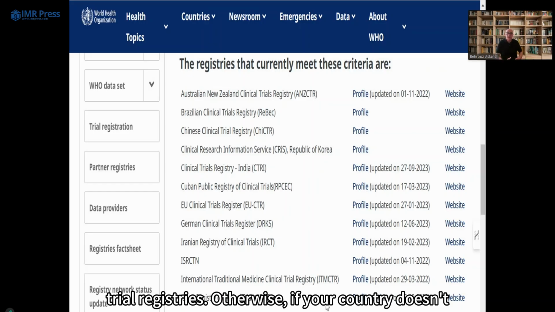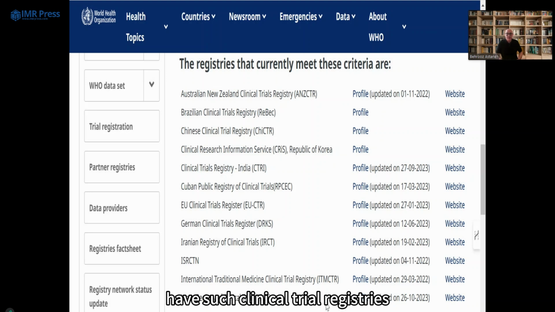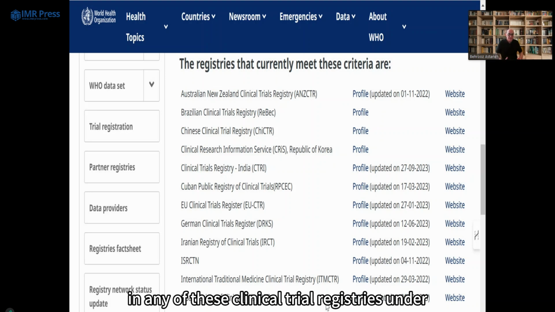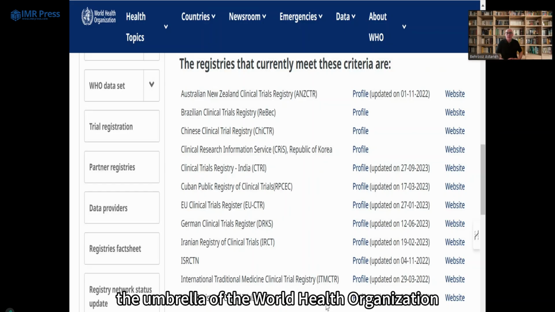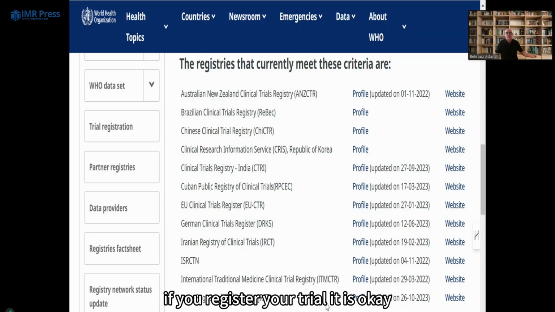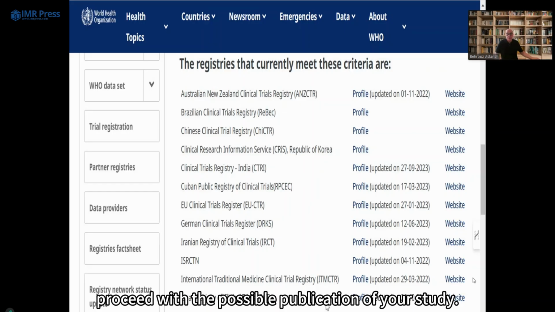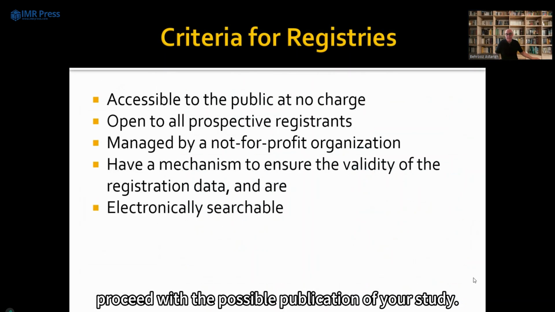Otherwise, if your country doesn't have such a registry, if you register your trial in any of these clinical trial registries under the umbrella of the World Health Organization, it is okay, and journal editors should accept that and proceed with possible publication of your study.